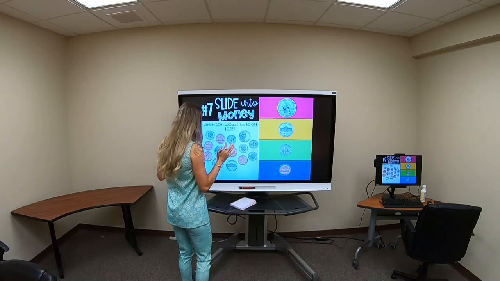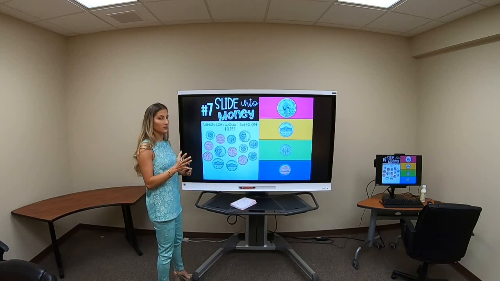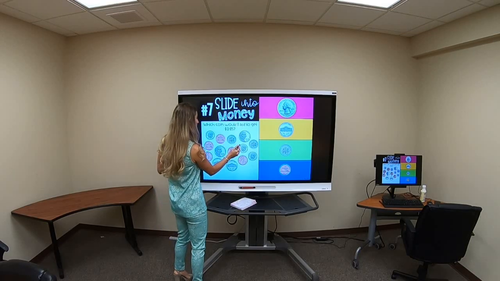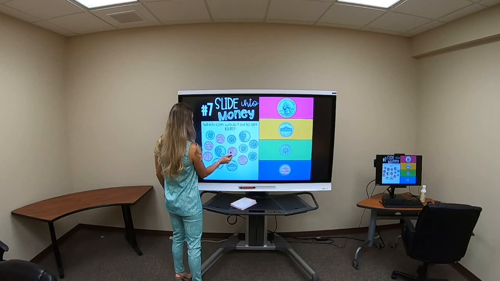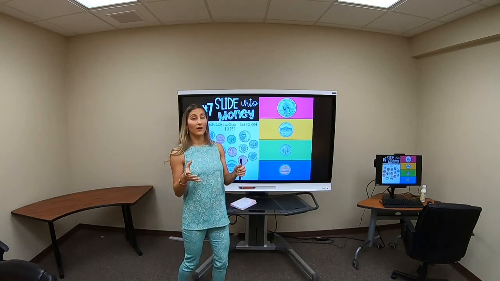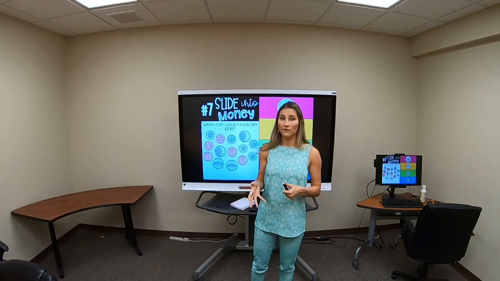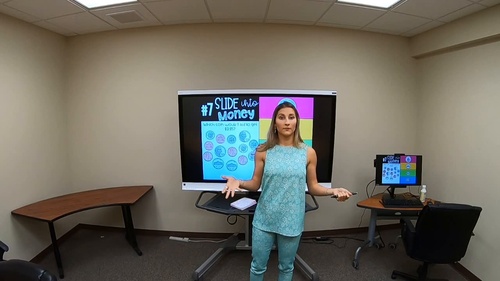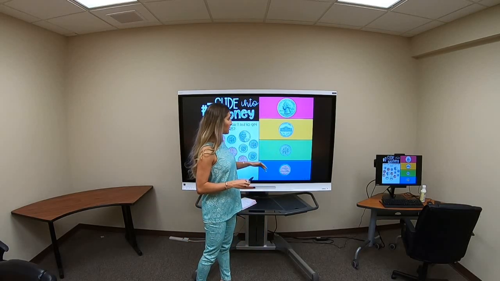I don't see any quarters, so we're going to start with our dimes. 10, 20, 30, 40, 50, 60, 70, 71, 72, 73, 74, 75. So we have 75 cents in our collection of coins, and we need to get to 85 cents. If you subtract 75 from 85, how many cents are you missing? That's right, you're missing a dime. You're missing 10 cents.